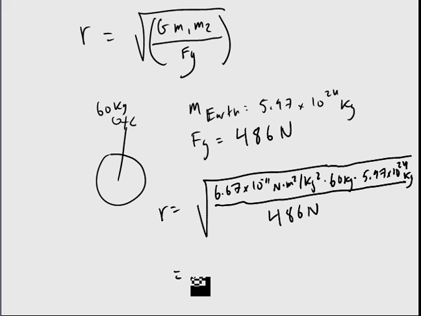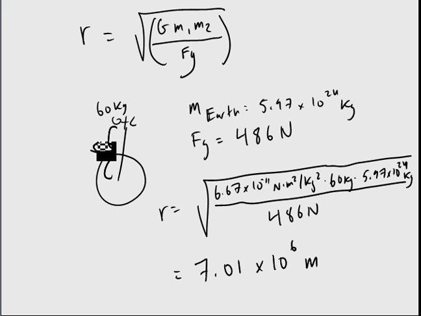Alrighty, and plugging that all in, we get 7.01 times 10 to the 6 meters. So that is now this distance r, the distance between the center of the Earth and you: 7.01 times 10 to the 6 meters.